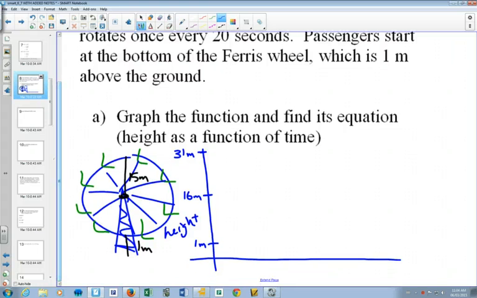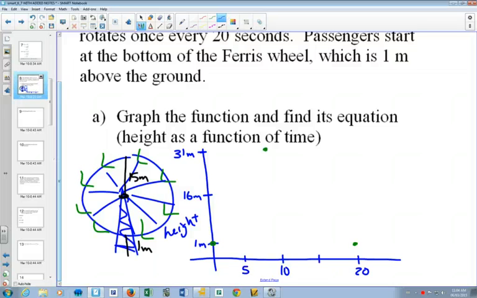Now we know that we start here at the bottom at 1 meter, and it does one rotation in 20 seconds. So if I mark down 20, I know I'll be back to the bottom 20 seconds later. If we cut this in half at 10 seconds, halfway around, if you start on the bottom, you'd be right at the top.